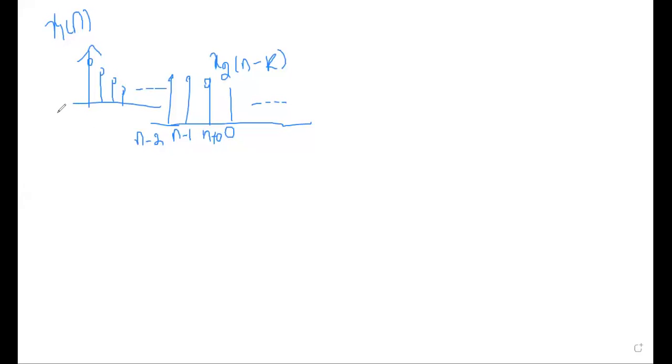So lastly, I have used the concept of overlapping, and I have shown for the continuous time system how it will be overlapped. For this diagram, my x1 of n will be like this.